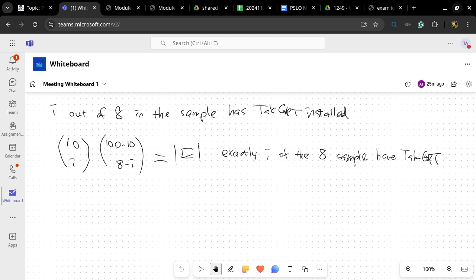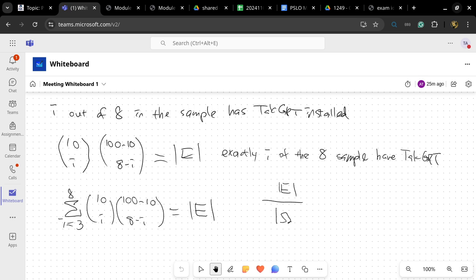So now we are looking at sigma I starting from 3 going all the way to 8, 10 choose I times 100 minus 10, which is just 90, choose 8 minus I. So this becomes the cardinality of the actual event set. So we take the cardinality of the event set divided by the cardinality of omega. This becomes the actual probability.